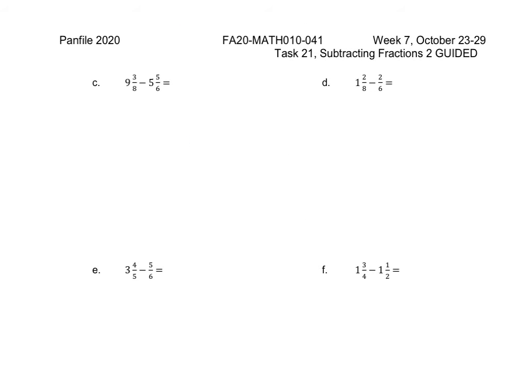All right, so let's look at these last couple. They're going to be the same as the 2 on the previous page. We're going to turn them into improper fractions. So this is going to be 75 over 8 minus 35 over 6. We're going to set up for our common denominators. Ooh, we have to do a little bit of multiplication here.